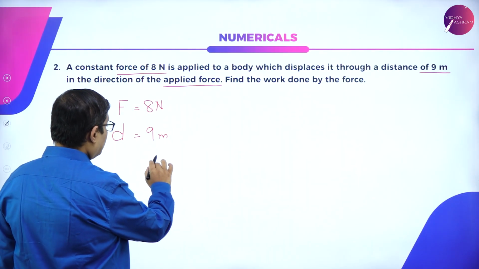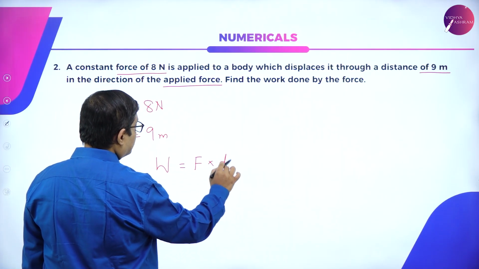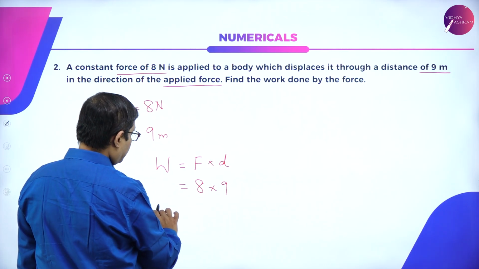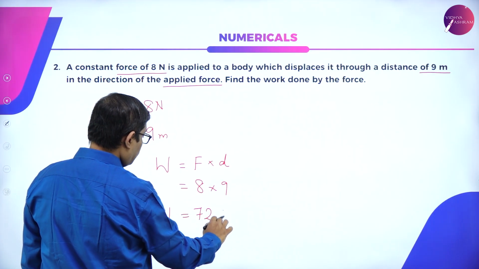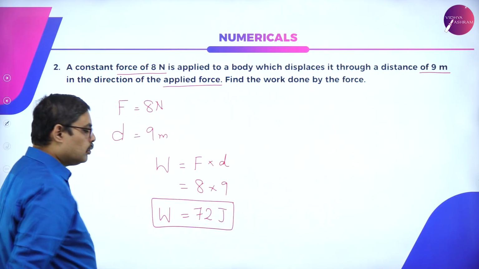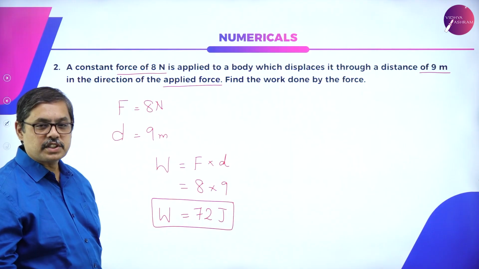We know that work done is a product of force and displacement. So work done is 72 joules. Please remember, the unit for work done is joules.